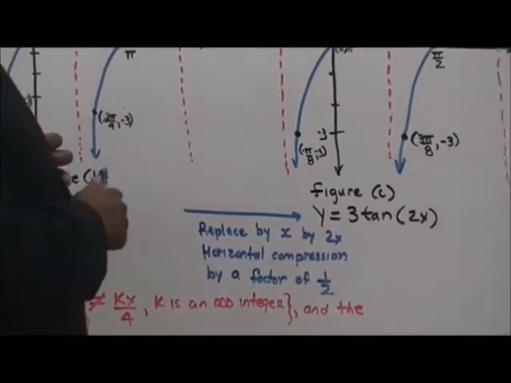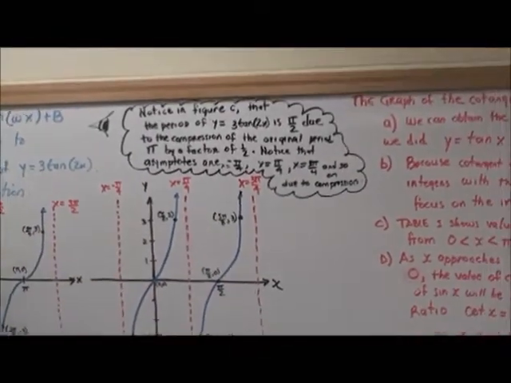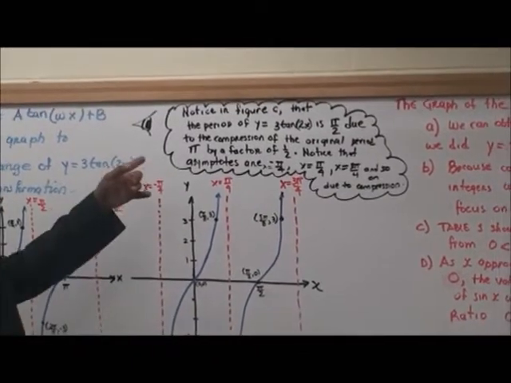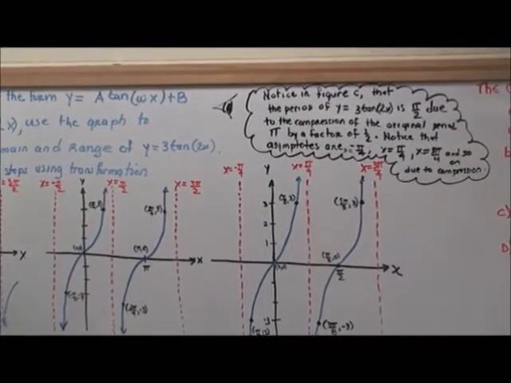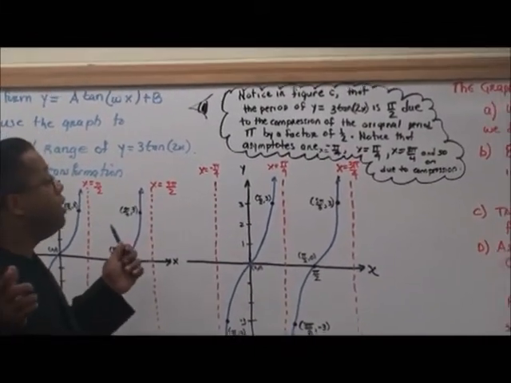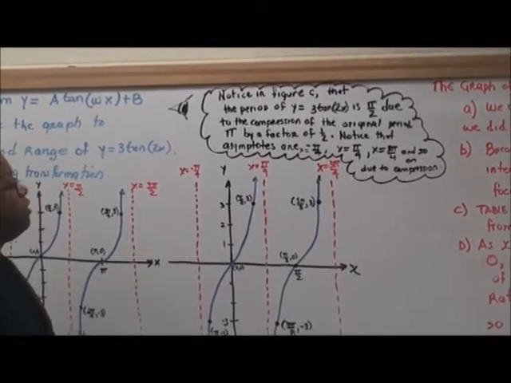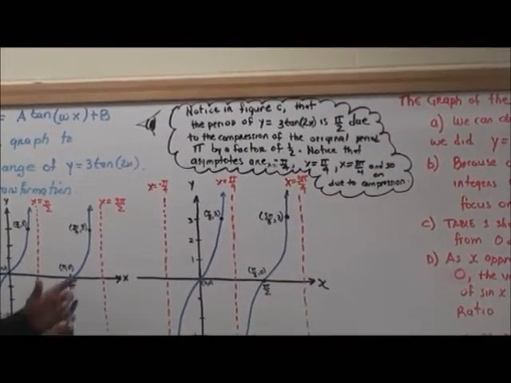If you notice, and this is very important, in figure C, let's go back to figure C for a second. The period of y equals 3 tan 2x is pi over 2 due to the compression of the original period by a factor of 1/2.